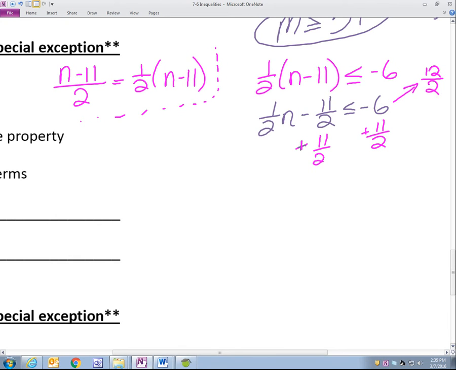Do you guys agree that 12 over 2 is 6? Okay. So now I have 1/2 n is less than or equal to negative 12 over 2 plus 11 over 2. And I'm writing down each and every step because we need to be sure that we know how to do this.